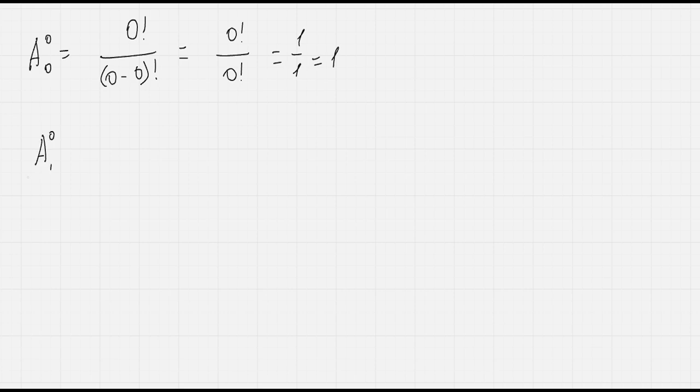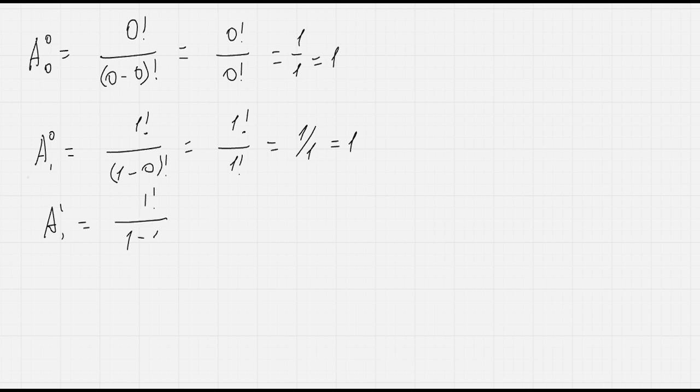A of 1 and 0 is equal to 1 factorial divided by 1 minus 0 factorial, that is 1 factorial divided by 1 factorial, that is 1 divided by 1, that is 1. A of 1 and 1 is equal to 1 factorial divided by 1 minus 1 factorial, that is 1 factorial divided by 0 factorial, that is 1 divided by 1, that is 1.